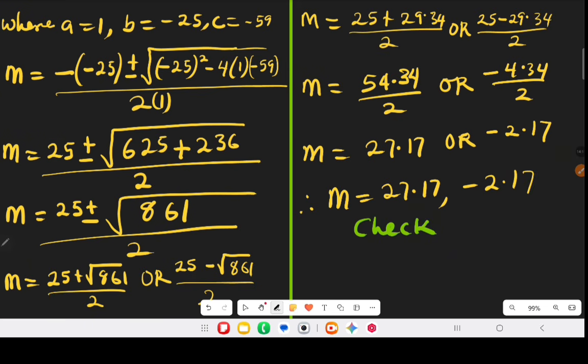We write the original equation, which is root of m squared minus 9 all over root of m plus 2 equal to 5.